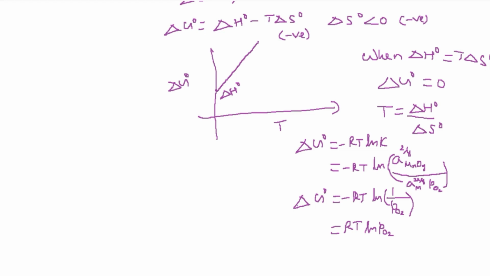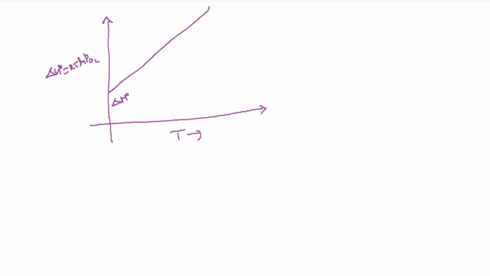Hence, the Ellingham diagram can also be represented like this. However, here we can see that delta G naught is equal to RT log partial pressure of oxygen.